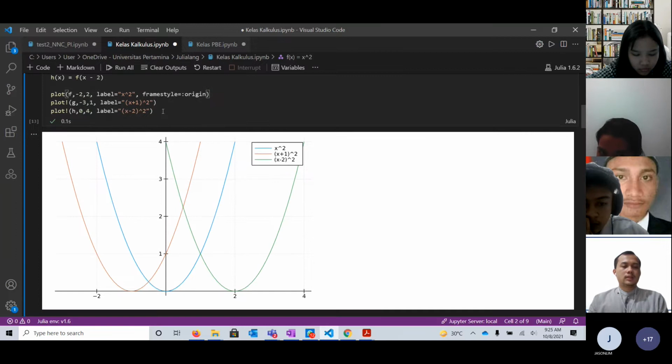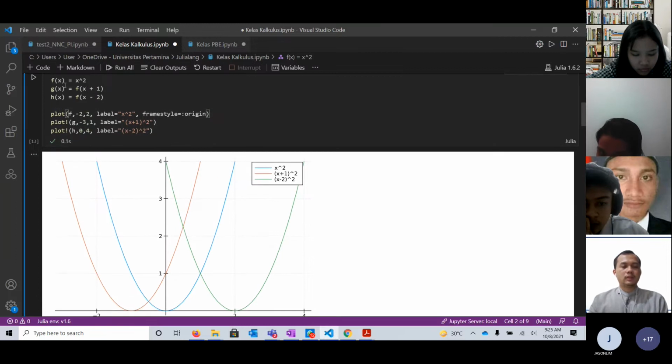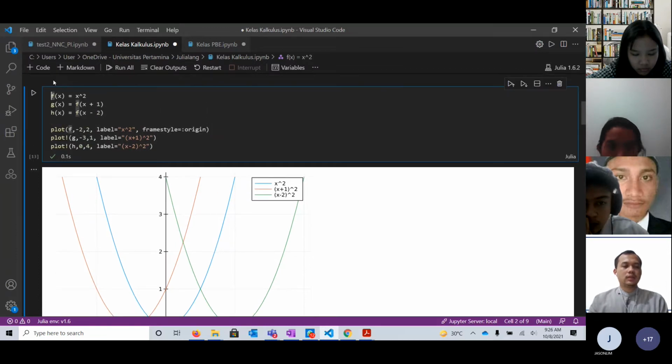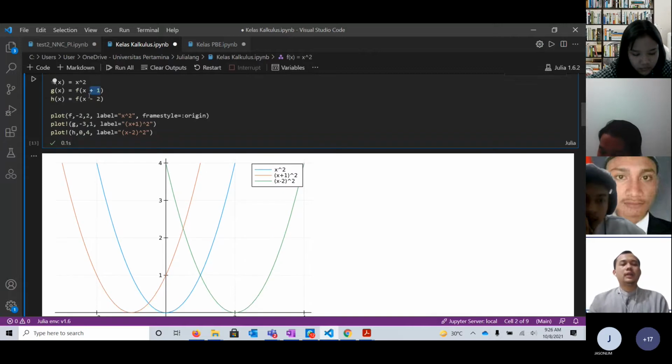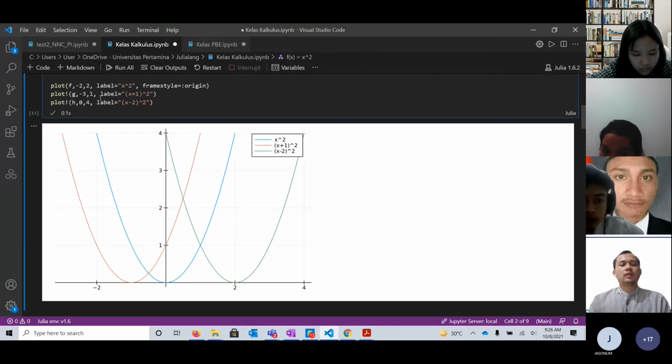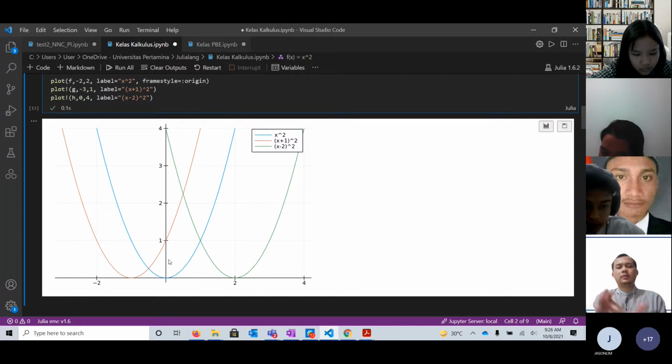Let's take a look at this example. I will illustrate only shifting f of x equals x squared to the left or to the right. If we add plus 1, the graph is shifted by 1 unit to the left. If we add minus 2, the graph is shifted by 2 units to the right.